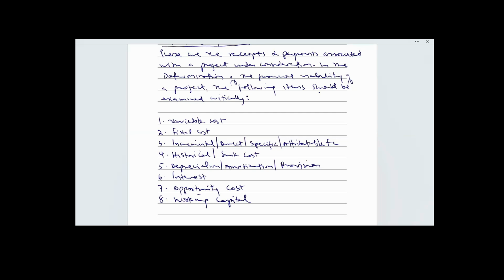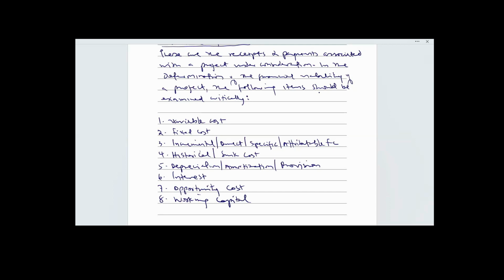Another way the examiner can test fixed cost is that you may be told that fixed cost, including depreciation, is 10,000 naira. The examiner has told you that that fixed cost of 10,000 naira included depreciation. That means the examiner wants you to do something. You need to go ahead and calculate annual depreciation and deduct it from the 10,000.